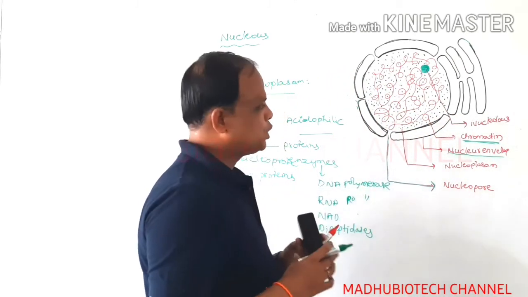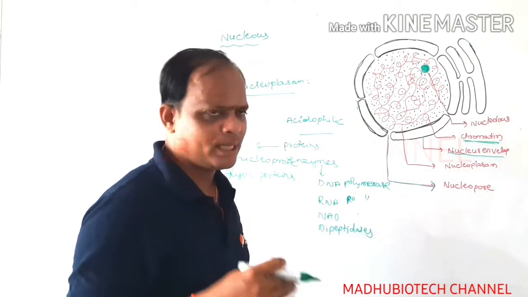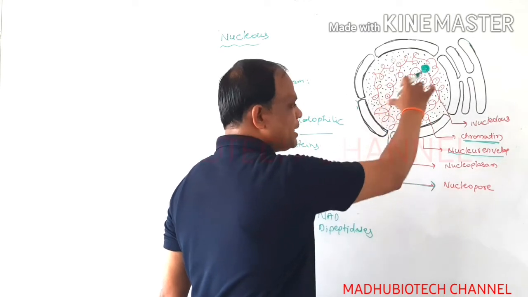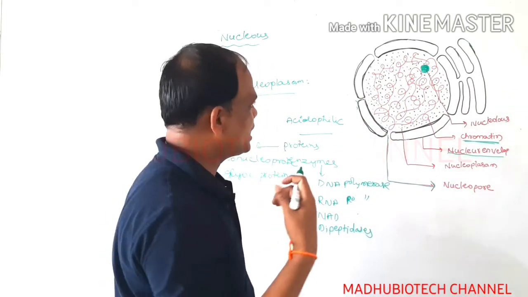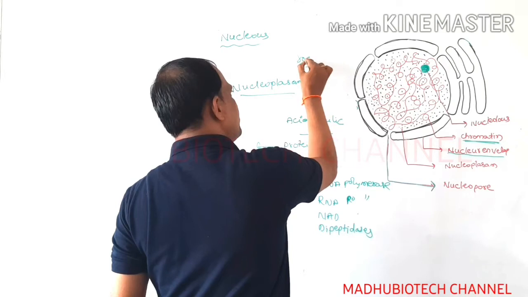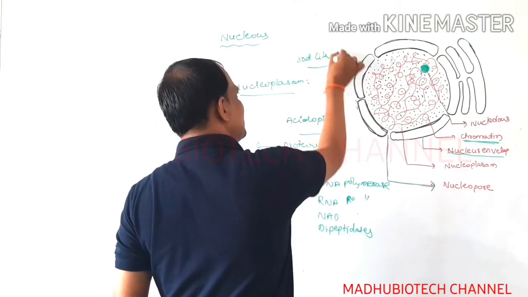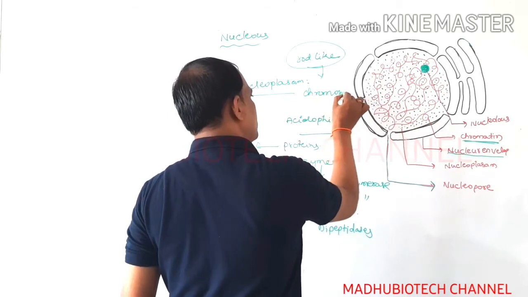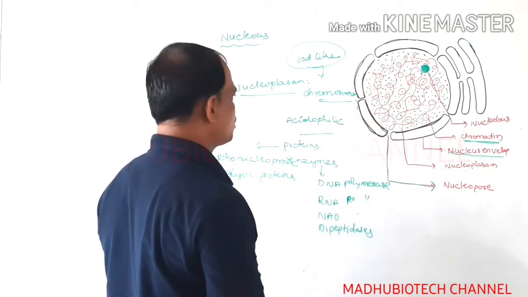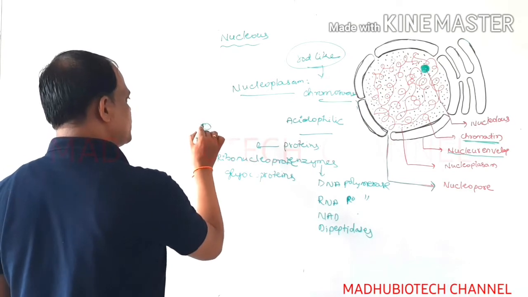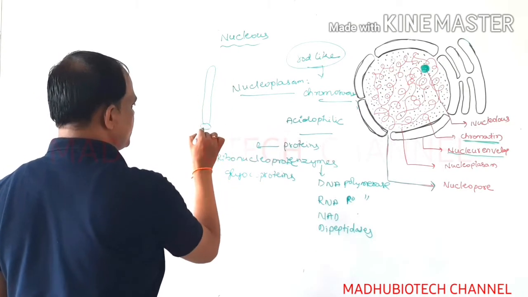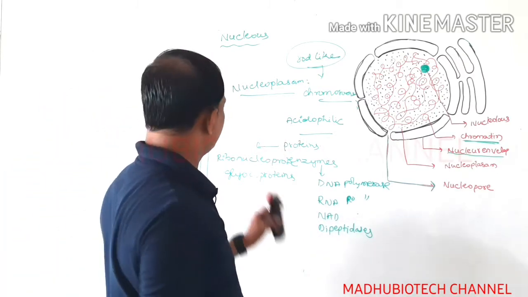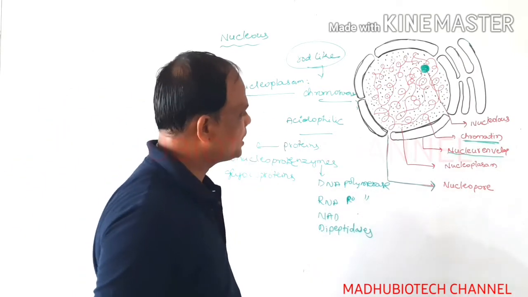When the nucleus is in the division stage, the chromatin threads condense and form rod-like structures. These structures are called chromosomes, with the kinetochore present on them.